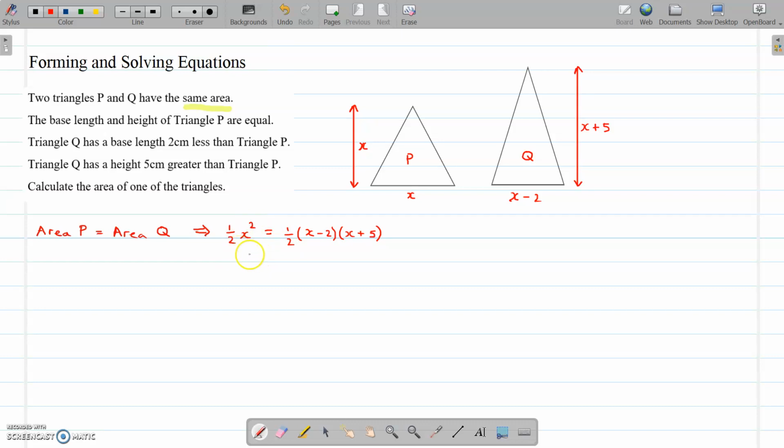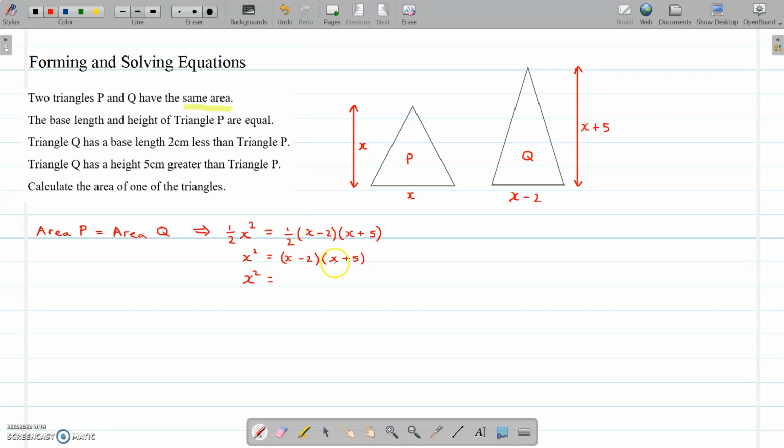I'm basically multiplying both sides by 2, and I can therefore say that x squared equals, if I just write it again like this, so I'm doing this very thoroughly, x minus 2 times x plus 5 like that. Now this needs to be multiplied out using first, outer, inner, last, FOIL.